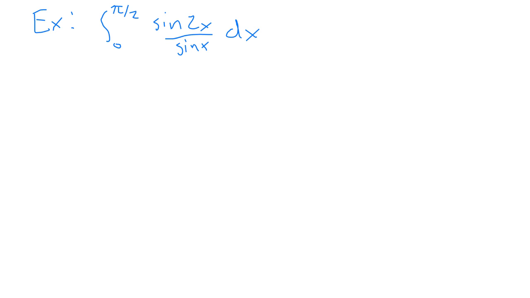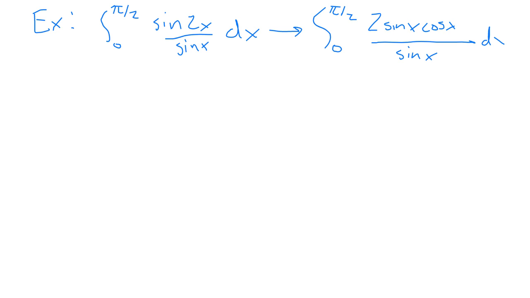If we look at our double angle identities, we can turn this into the integral from 0 to pi over 2 of 2 sine of x cosine of x over sine of x, and of course our dx.